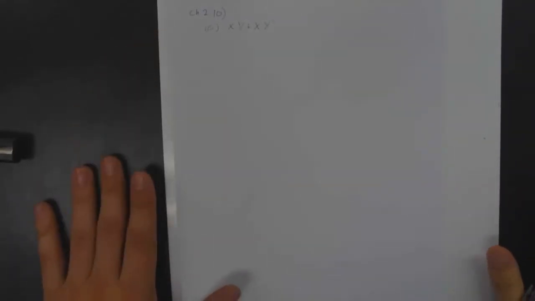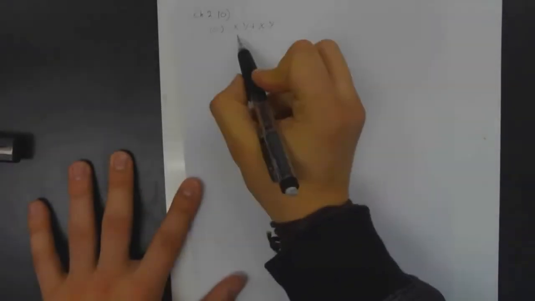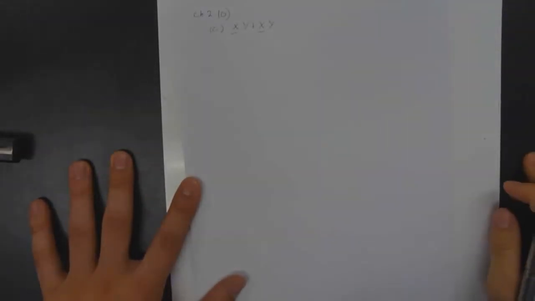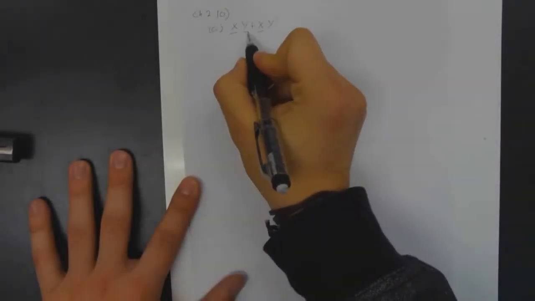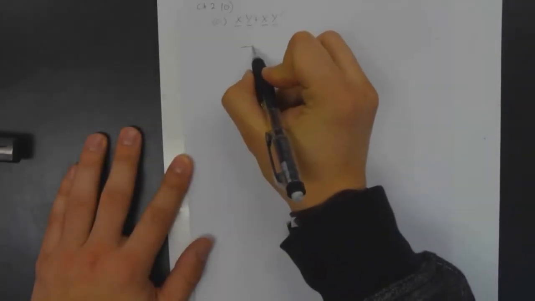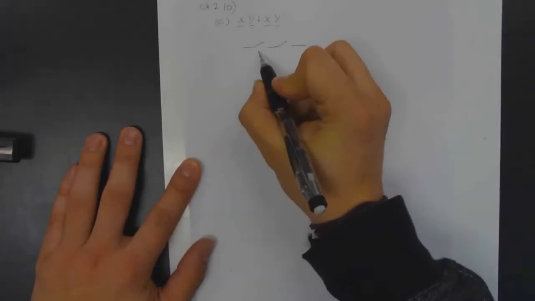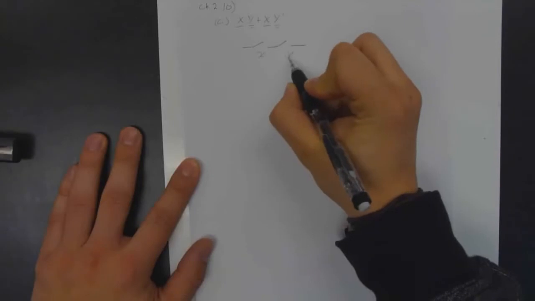So this one's pretty straightforward. This is a basic theorem type question. You've got two of the same value here, and then a complement as well, the complement of itself. So if you drew this out in switches, you've got an AND, and this is going to be your X, and this is going to be your Y here.